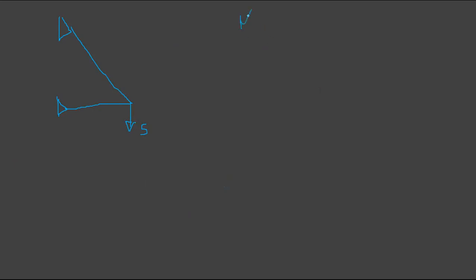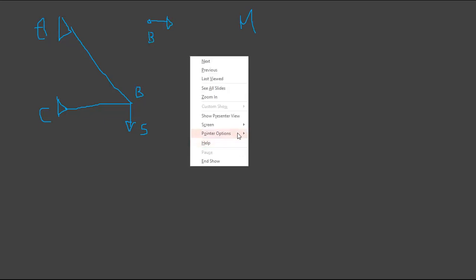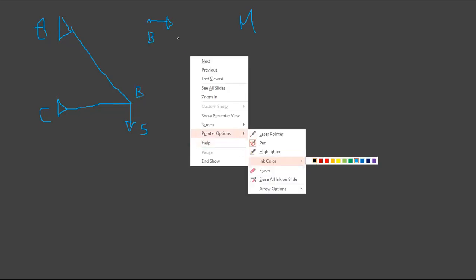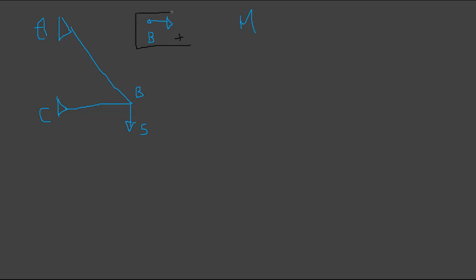I can write the members A, B, and C. I need the displacement at B along this way, that is positive, and tension is positive.